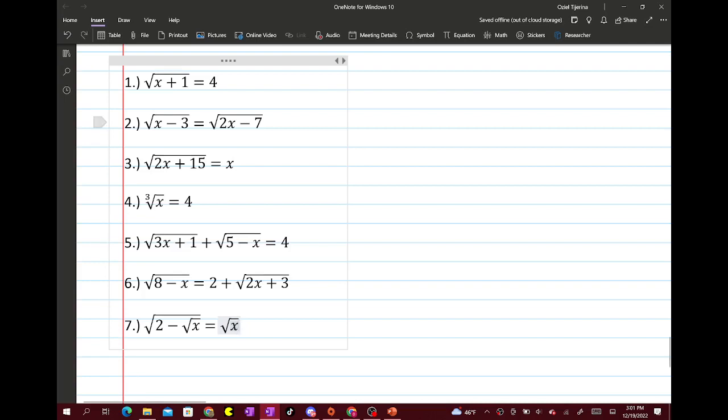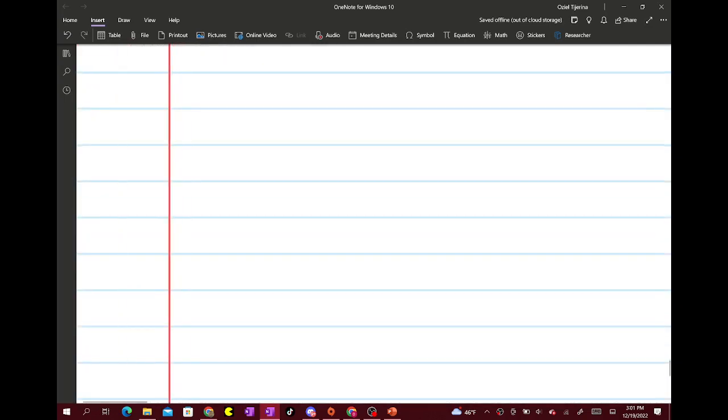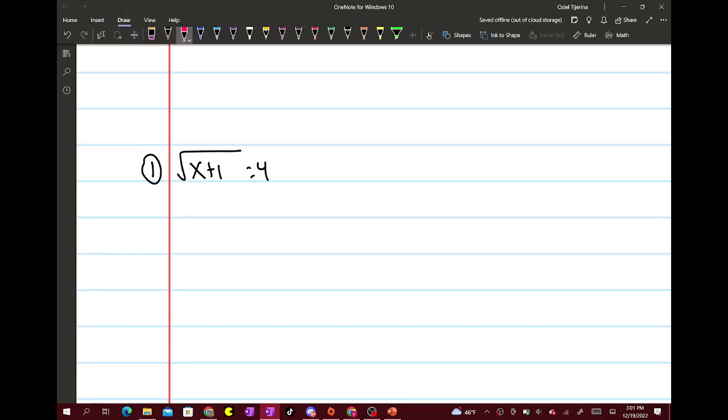Number 1 says the square root of x plus 1 is equal to 4. So this one is pretty simple. The way that you do it is you have to square both sides to solve for x, right?